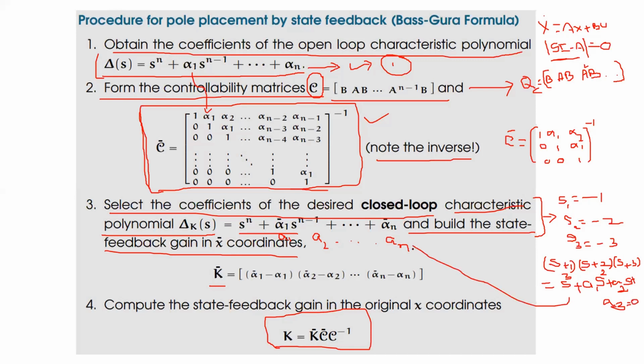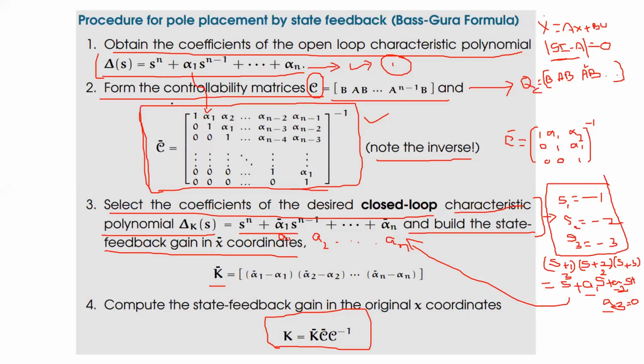So this is the desired characteristic polynomial. The desired closed loop polynomial we can obtain for the given poles. That's the closed loop desired characteristic equation. Let the characteristic coefficients be a1, a2, a3, and so on up to an.